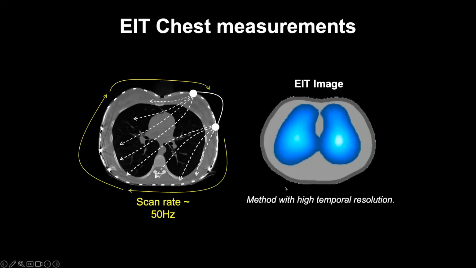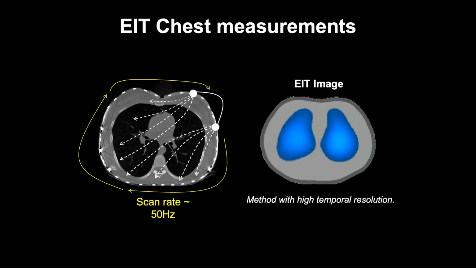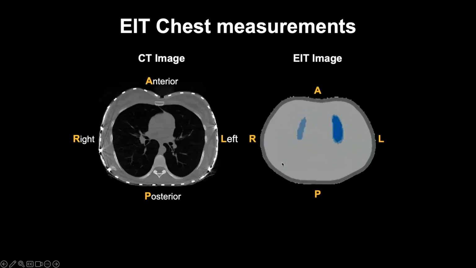Current EIT devices produce up to 50 images per second, allowing the assessment of lung conditions in dynamic situations at the bedside, close to the patient. The EIT image orientation is similar to that used by CT, with the right side of the chest located to the left side of the image and the anterior region at the top of the image.